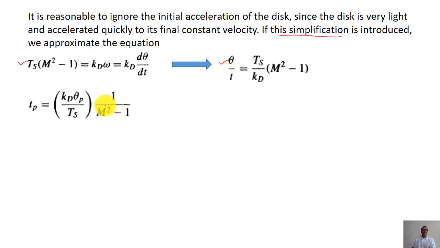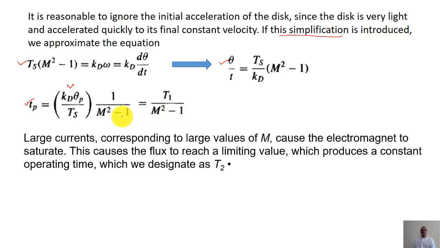Then I can write Tp, the time required to pick up, that is pickup time, will be Kd theta p, just by taking theta to the right hand side, Kd theta p by Ts into 1 by m square minus 1. Now I can write this as a constant, Kd theta p by Ts, if I assume this as constant, T1 or Ti by m square minus 1.